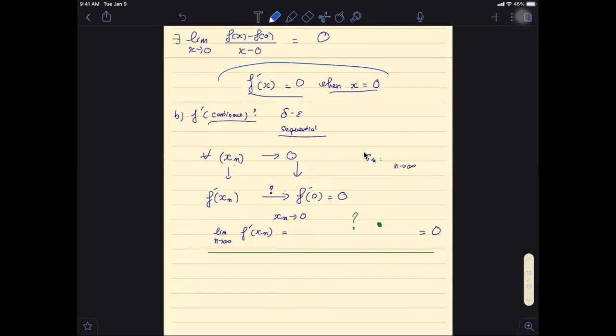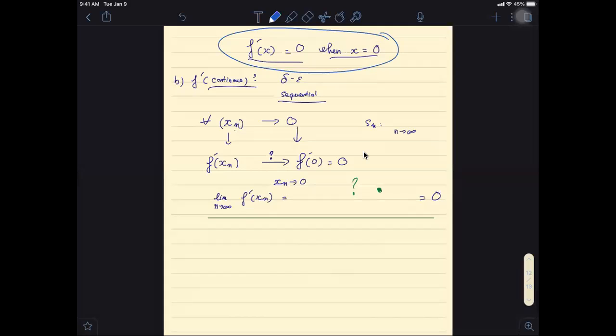So let x sub n go to 0. Then how are you going to prove f prime of x sub n goes to 0? What do you think?